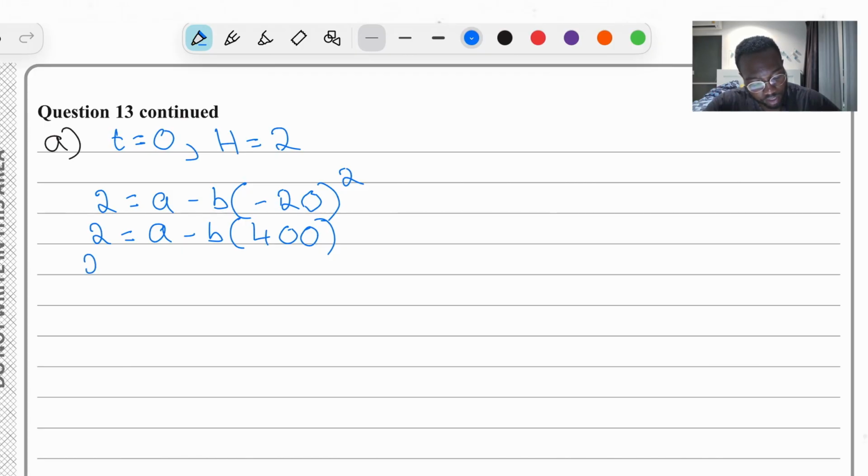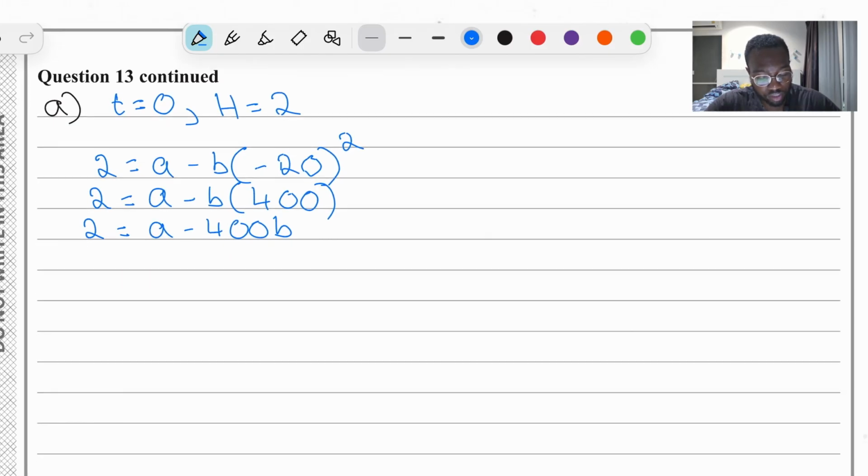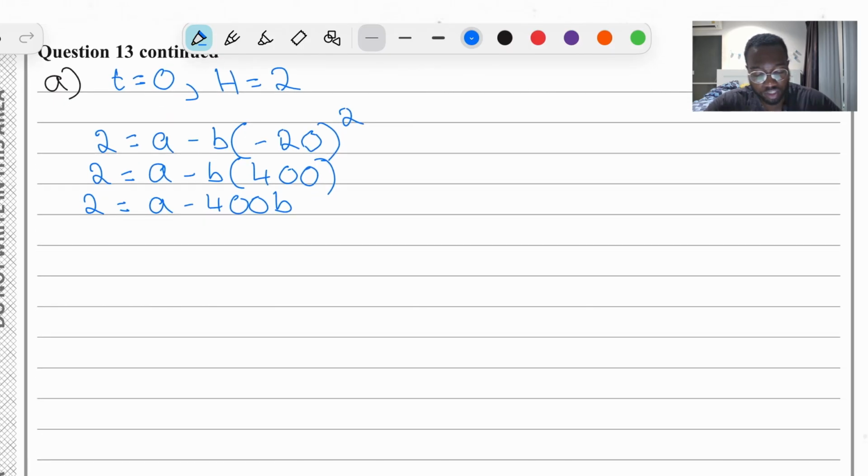So far we've got this equation here: 2 is equal to a minus 400b. We can't do anything with that yet. Let's call this equation one. But what we can do now is work out the stationary point as well, so now we're going to the stationary point.